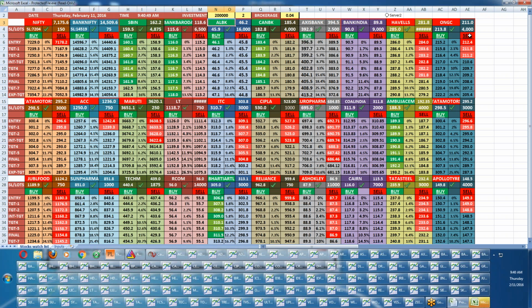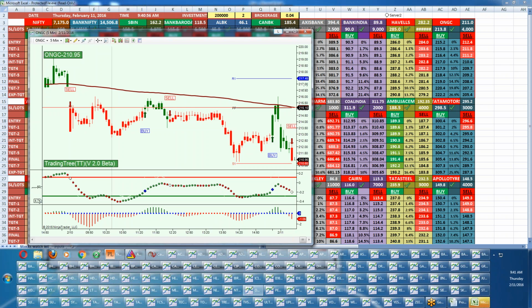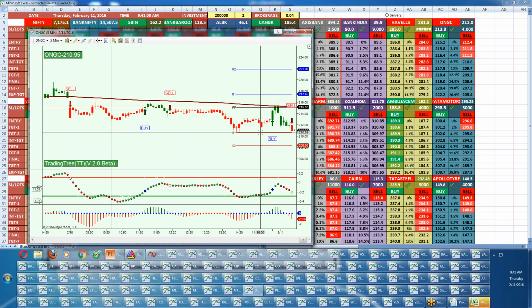So ONGC, since you have got a sell call already here, you can still wait on that till it makes its final profits. So that's a sell in ONGC. It has to break this support S1.